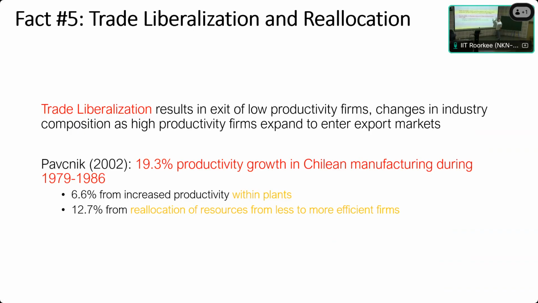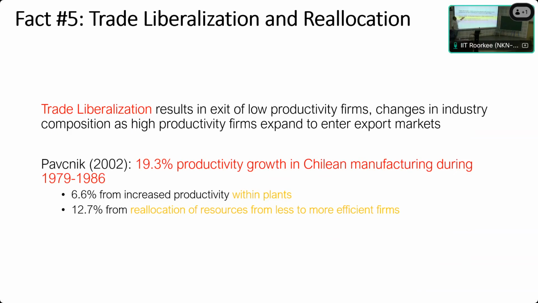There are some directed policies, sometimes taken by the industries to take some firms out of some set of problems, then it's a different question altogether because it's a directed policy change. But when a quasi-natural shock comes in, it always results in exit of low productive firms, changes in industry composition as high productive firms expand and enter the export markets.